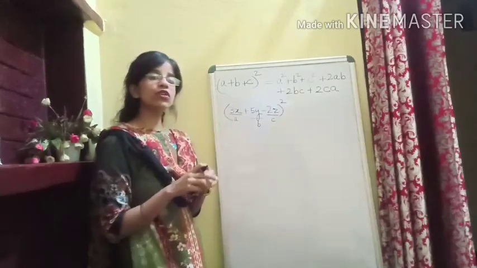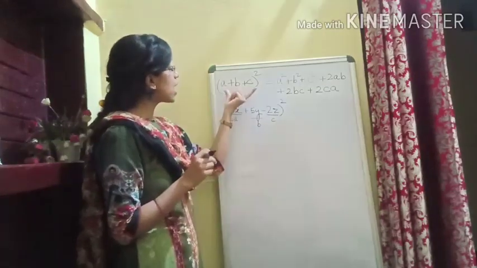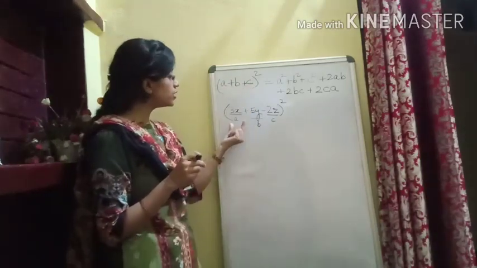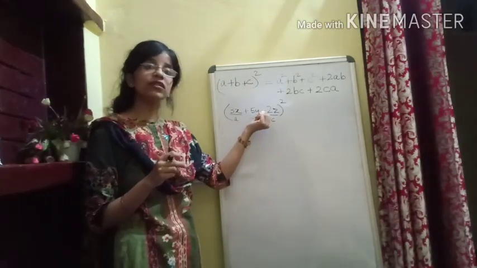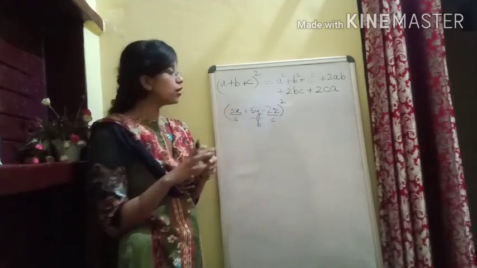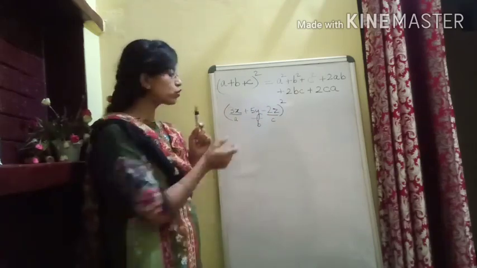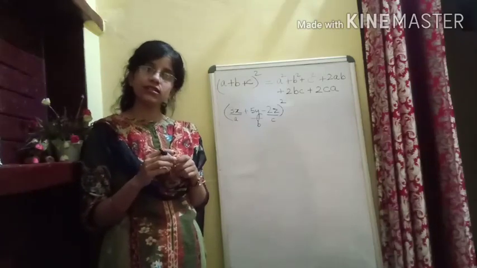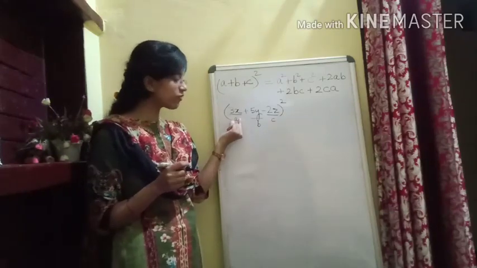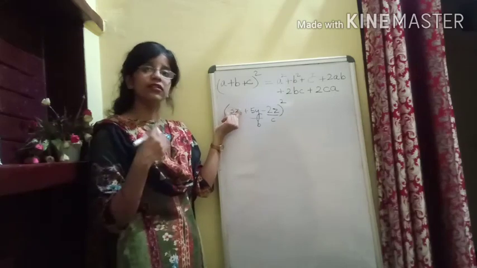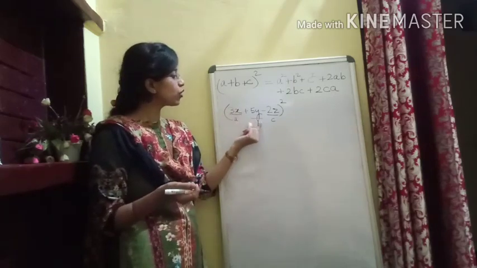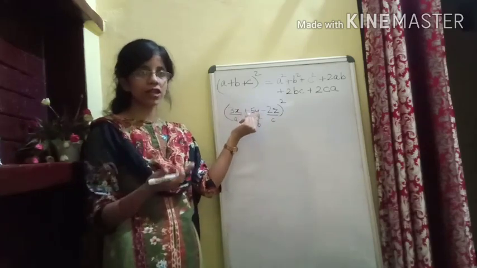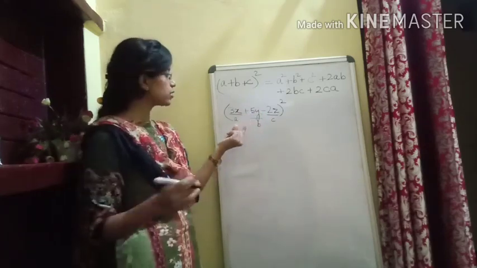What is at the place of c given? 2z. But here you see that the identity is for the plus sign, that is a plus b plus c, and in our question one term has a negative sign. So when we put the values of a, b and c, we are going to put the values with sign. If I ask you the value of a, that is 3x, which means plus 3x. The value of b is 5y, which is plus 5y. Whether we call it plus 5y or 5y, it is similar.